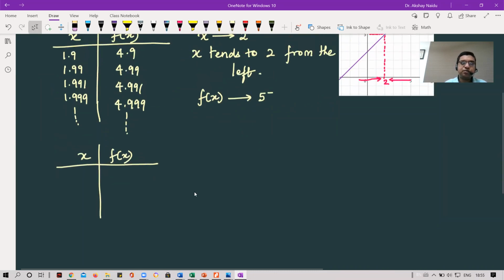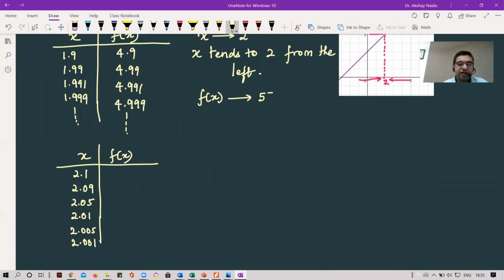Now x is 2.1, then 2.05, 2.01, 2.005, 2.001.